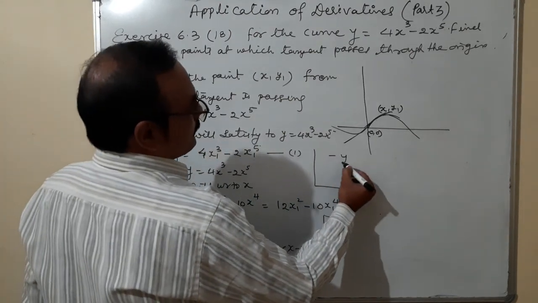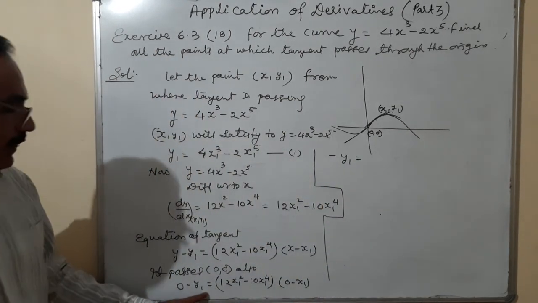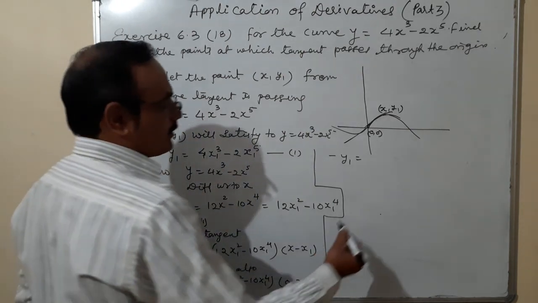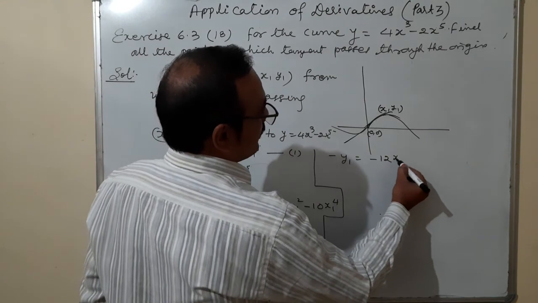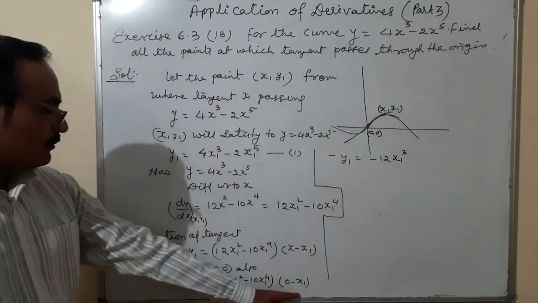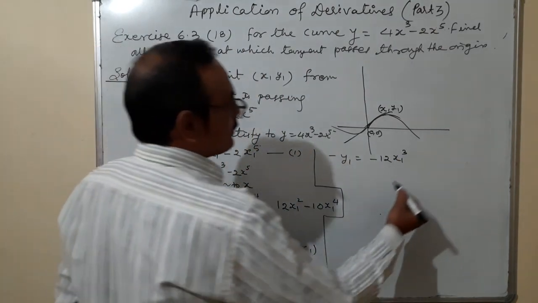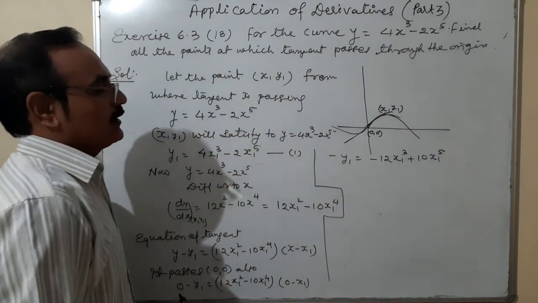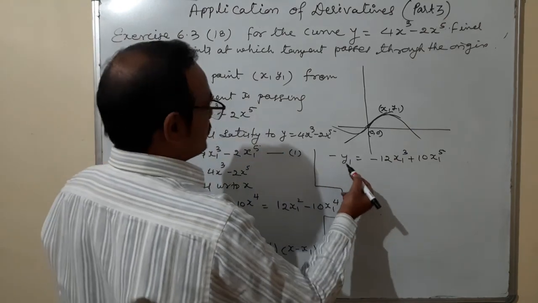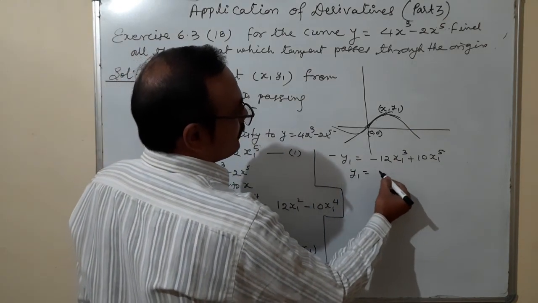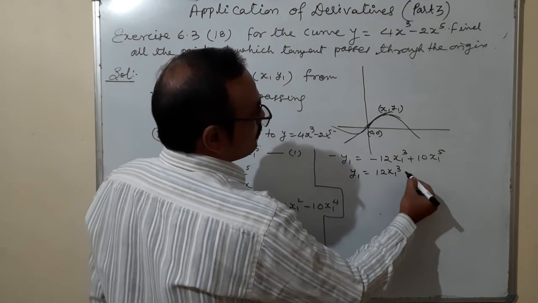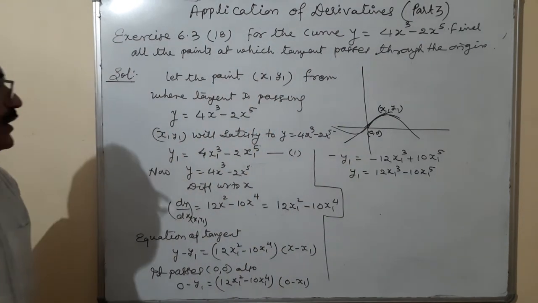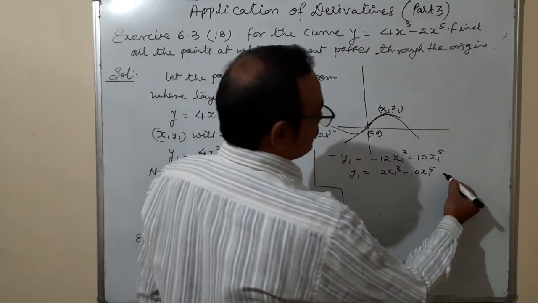Minus y1 is equal to minus 12x1 cube plus 10x1 to the power 5. That means y1 is equal to 12x1 cube minus 10x1 to the power 5. This is y1, equation number 2.